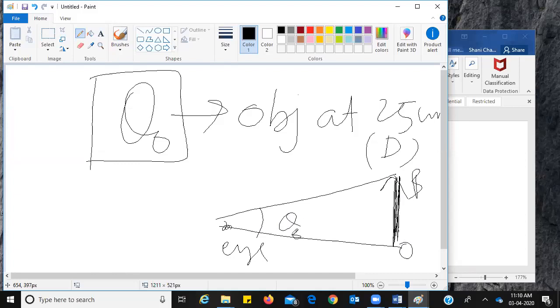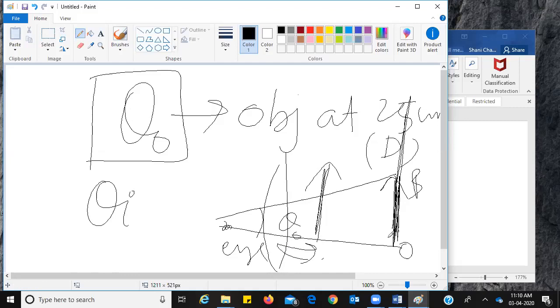Then what is theta I? If you want maximum magnifying power, keep the instrument in such a way the object is brought closer, and you adjust the distance in such a way the image is formed at what again? 25. So that is theta I. When you say theta I, what all should you specify?